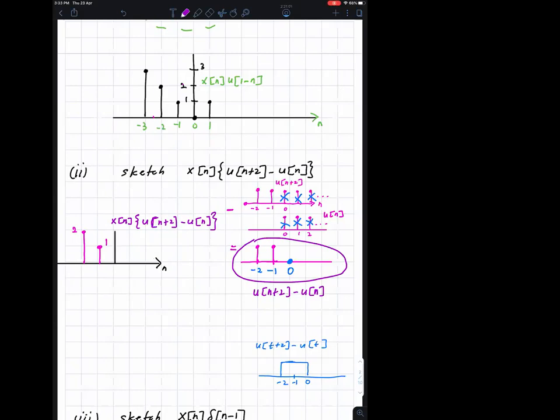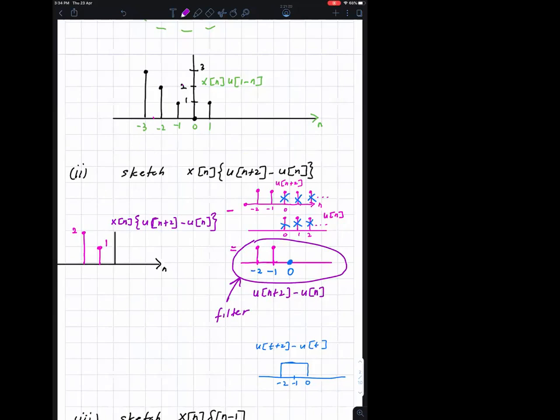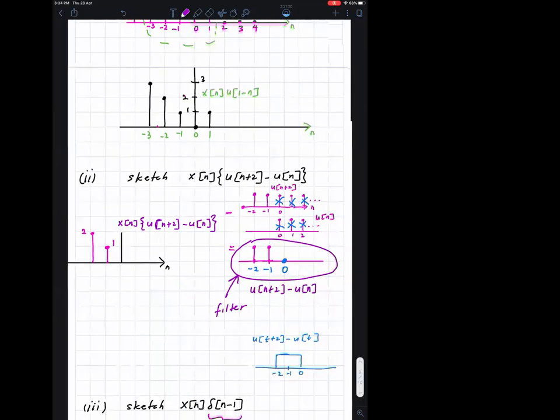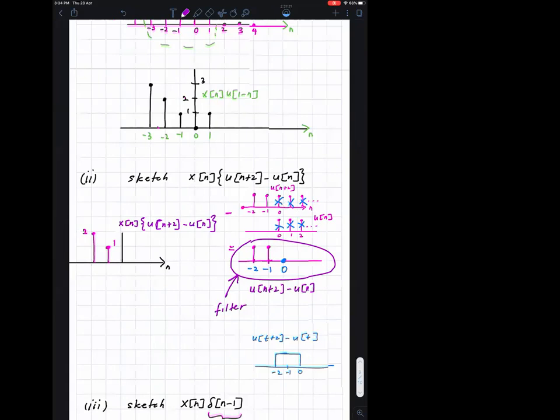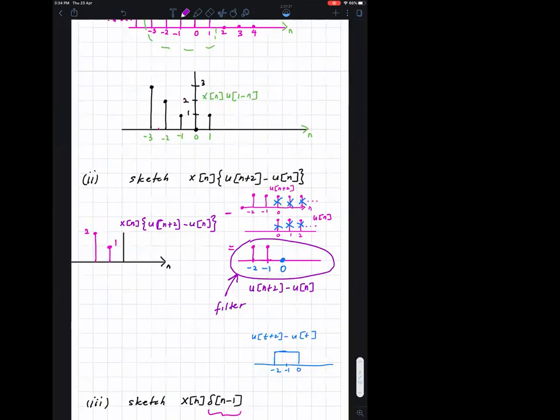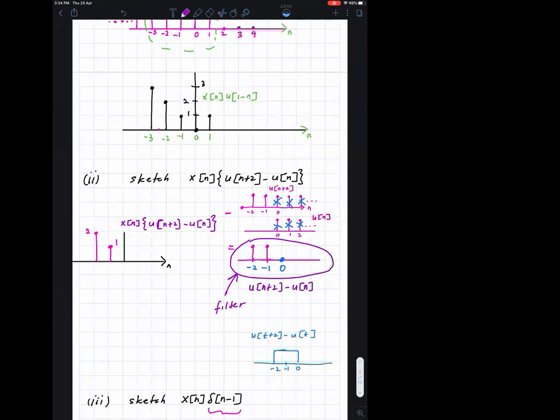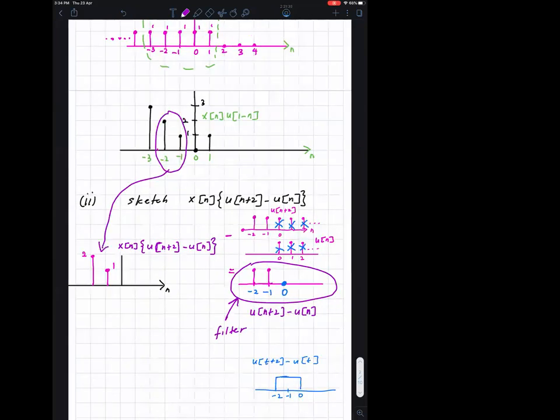Because we have this signal here, this is like a filtering. When this signal gets multiplied to xn, only the signals at -2 and -1 will be multiplied. So only these two signals, at -2 and -1, appear here, which is -1 and -2. That's what I was saying.